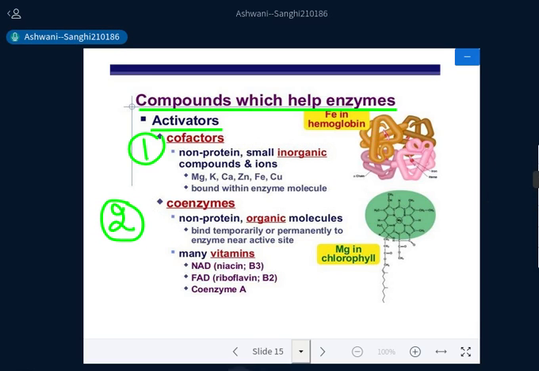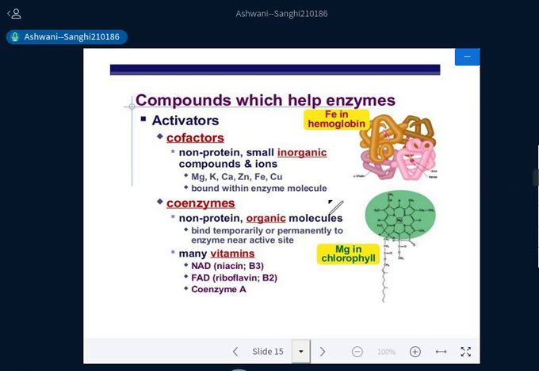Cofactors are non-protein parts. These are small inorganic compounds and ions. Examples like magnesium ion, potassium, calcium, zinc, iron, copper. These help the enzyme. Examples: iron in hemoglobin, magnesium in chlorophyll.